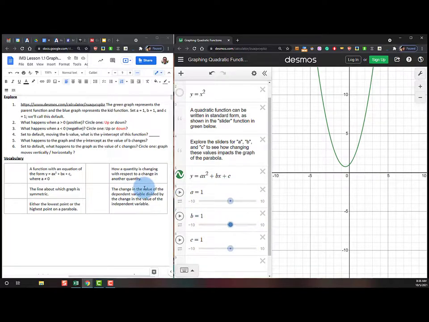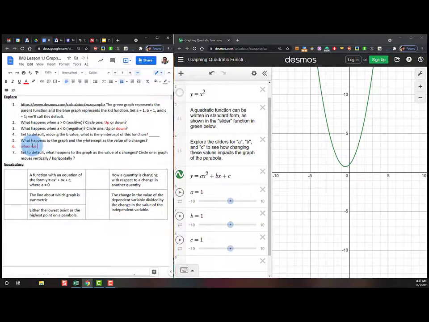I notice when we move the b value, the y-intercept stays the same, but the graph moves.